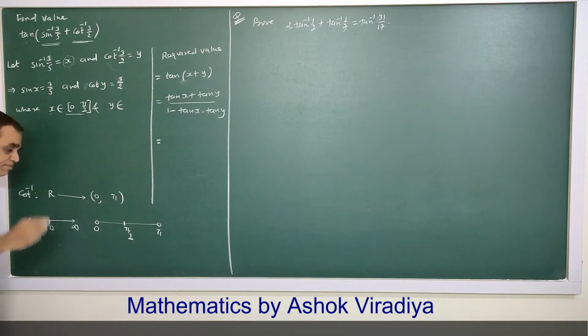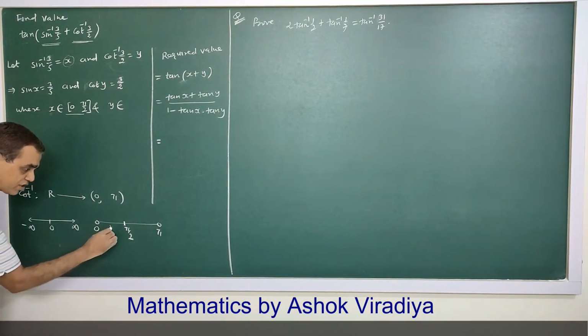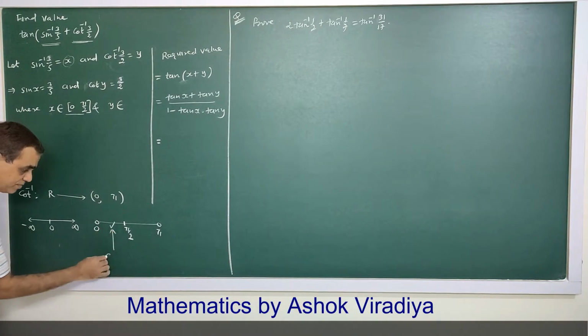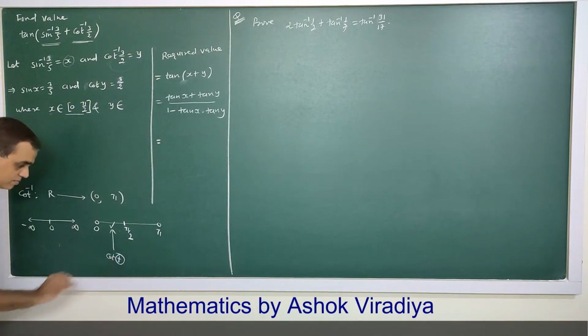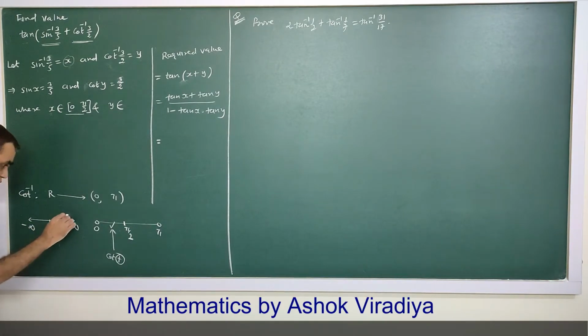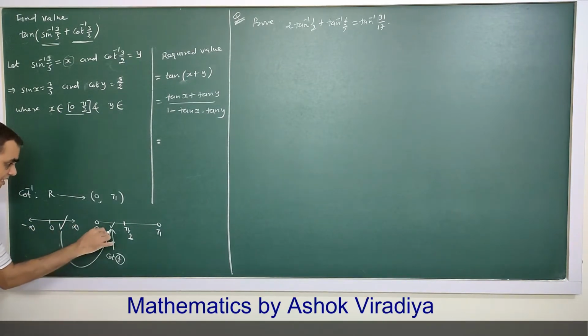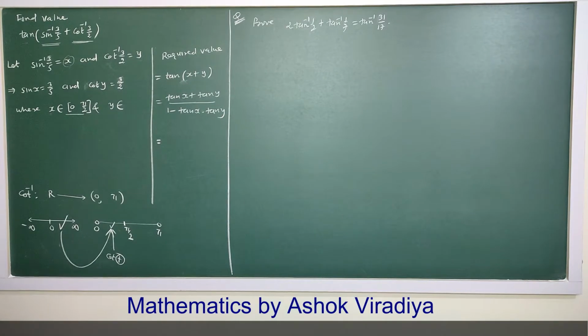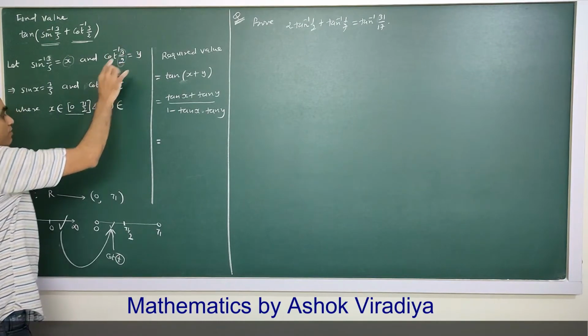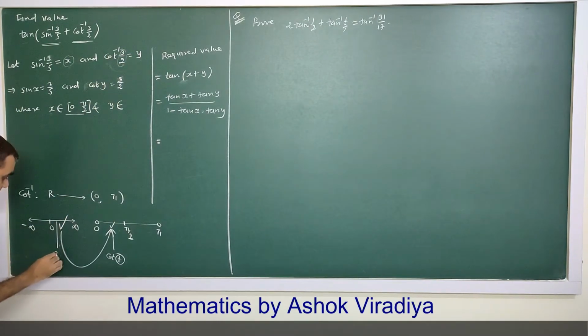See, cot is positive in the first quadrant. So cot inverse of a positive lies in this interval. Here 3/2 is positive, somewhere here.